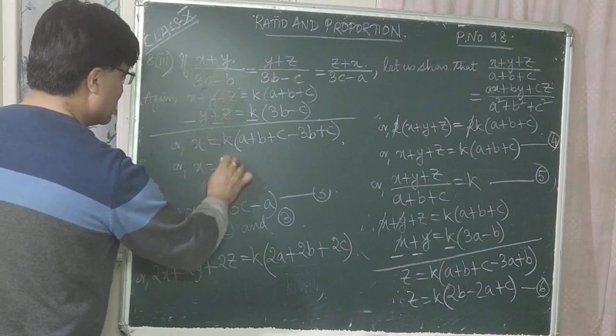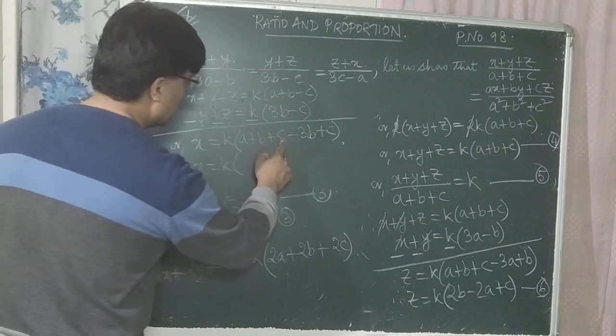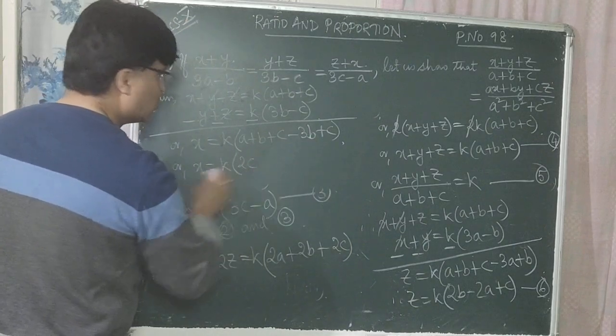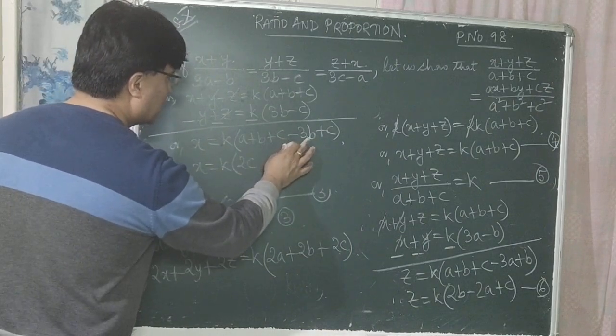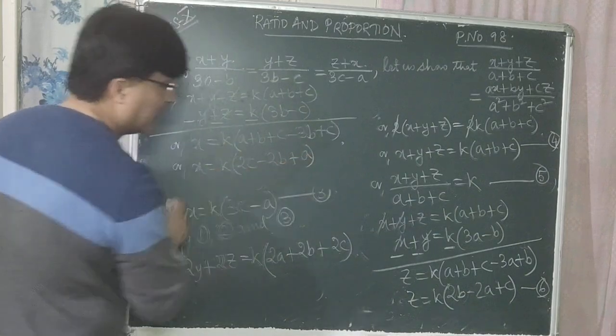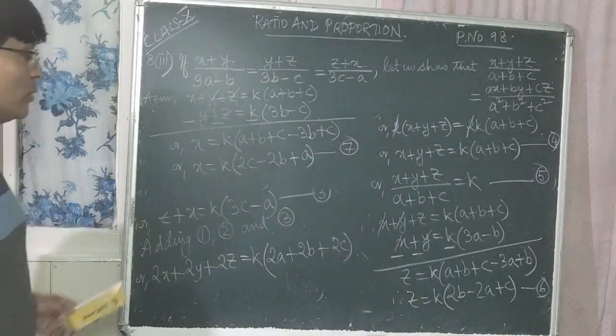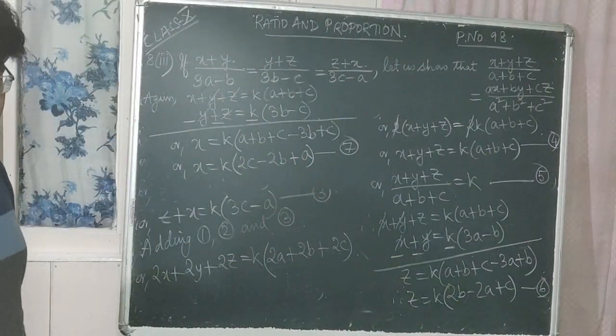Or x is equal to k into, let us simplify it, c plus c is 2c, then minus 3b plus b is minus 2b, then plus a. So let us mark it number 7. That means we are getting the value for x. Is it clear?